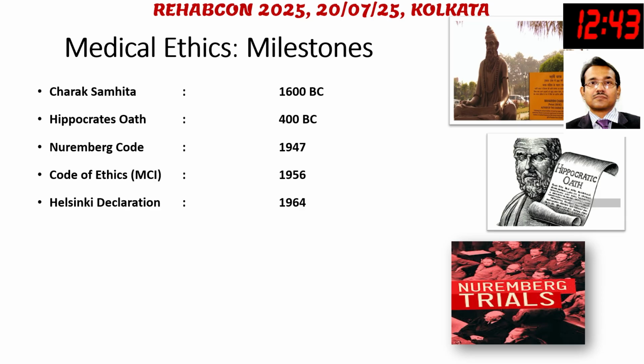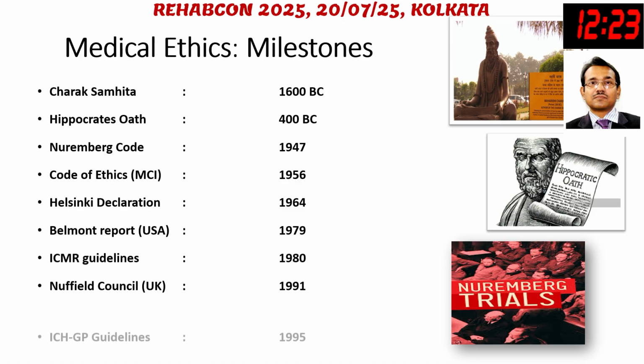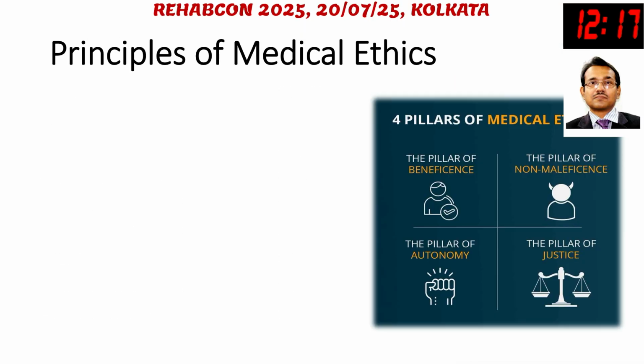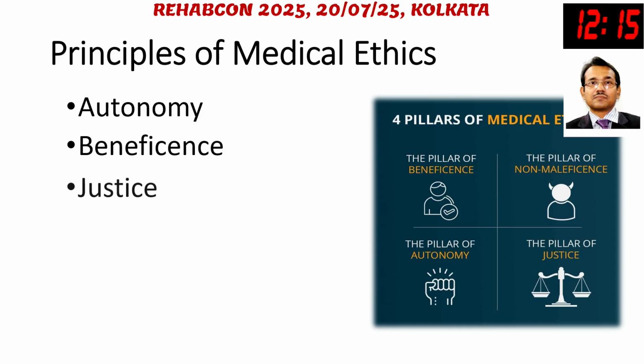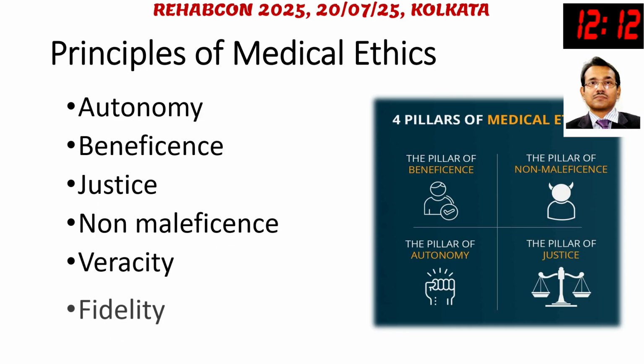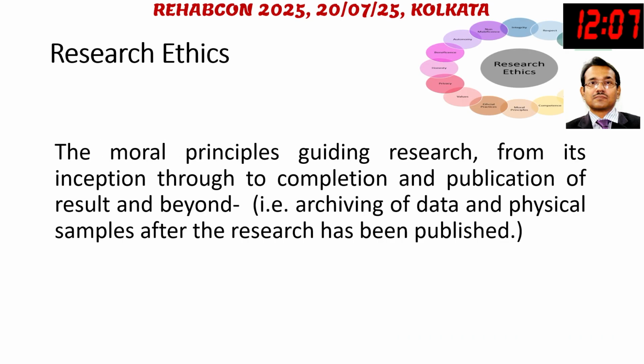Helsinki Declaration is a very, very important aspect for the research ethics. It was started from 1964 and revised some years by years. And there are Belmont's report from USA, ICMR guidelines, Nuffield Council from UK, ICH GCP guideline from 1995. So principles of medical ethics are autonomy, beneficence, justice, non-maleficence, veracity and fidelity. And now, what is the research ethics?